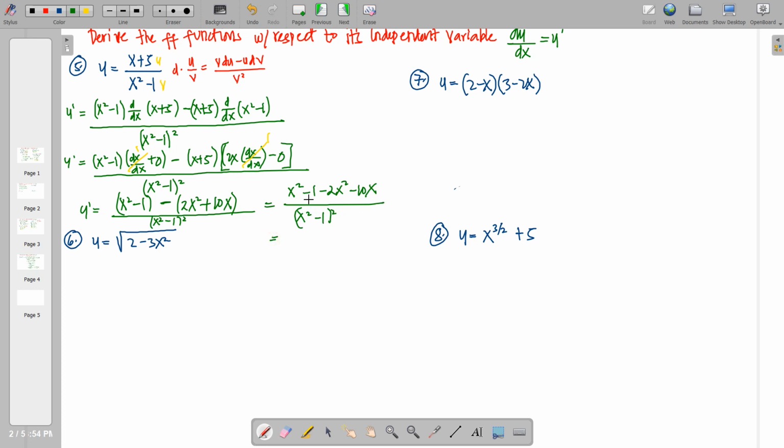So x squared will combine with negative 2x squared. So it becomes negative x squared minus 10x all over x squared minus 1 raised to 2. So I think we should include minus 1. So I think this will be the answer for number 5.